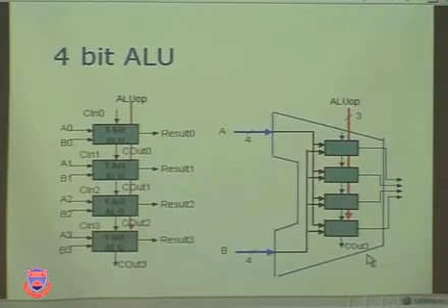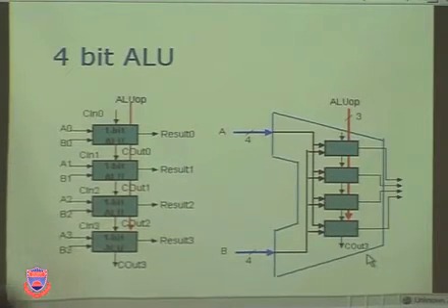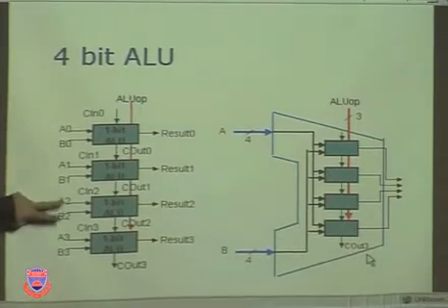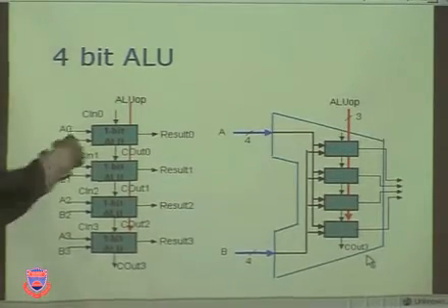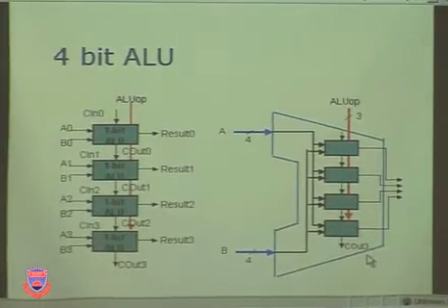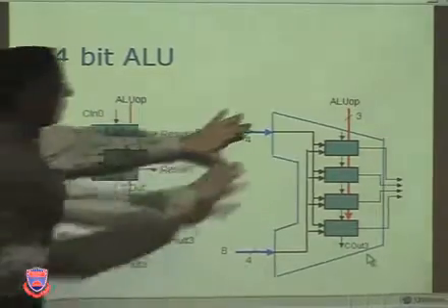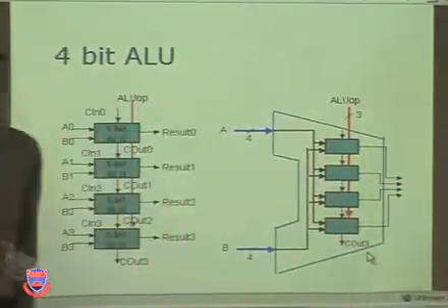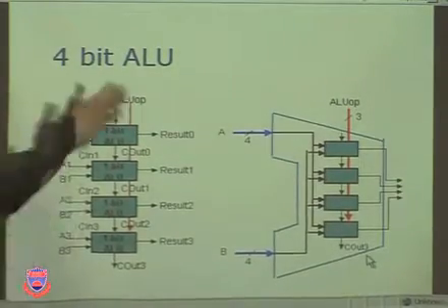If you want to make a 4-bit ALU, you make 4 of those. So here's the lowest bit of A, the second lowest, the third lowest, and the highest bit of A and B, going into each 1-bit ALU. And the result values, when blocked together like this, see the shape of the ALU? It's really just a bunch of little 1-bit ALUs inside it.